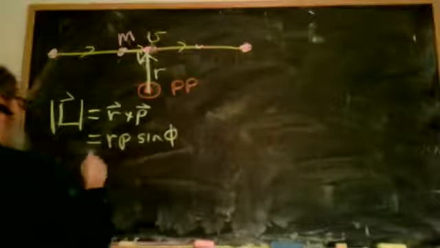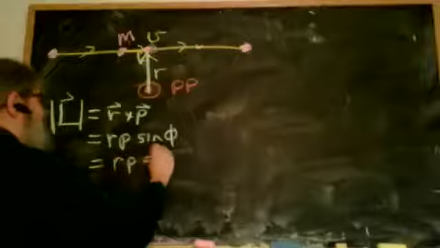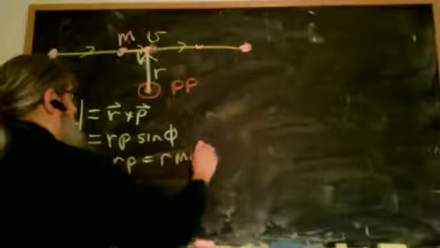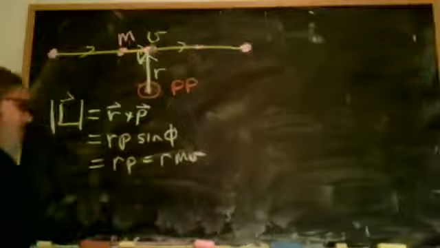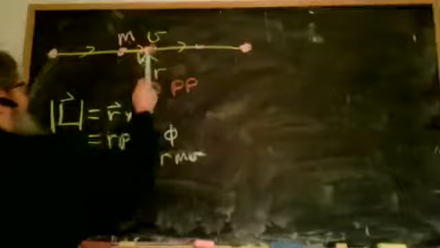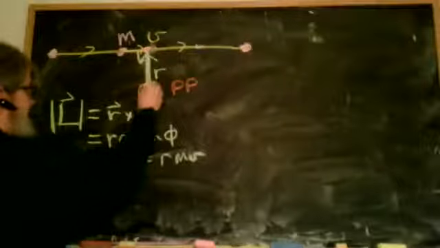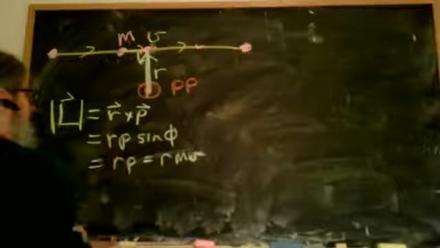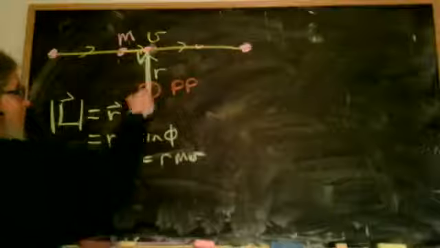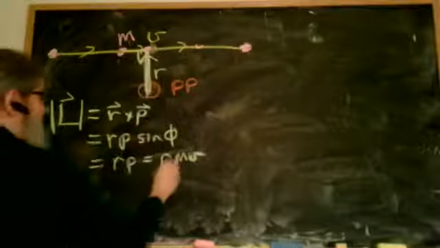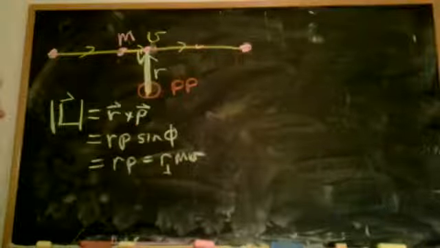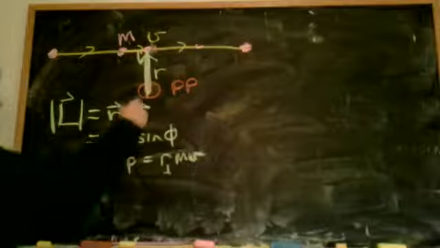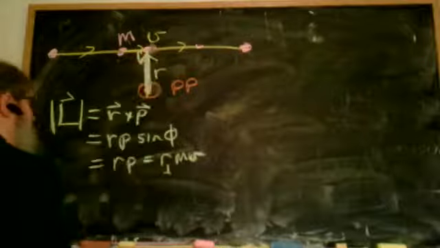Well, in that example, that's just r times p, which is r times m times v, where r is this distance here, the perpendicular distance. I'm going to call that perpendicular distance r perp, because it's the particular value for this particular thing.